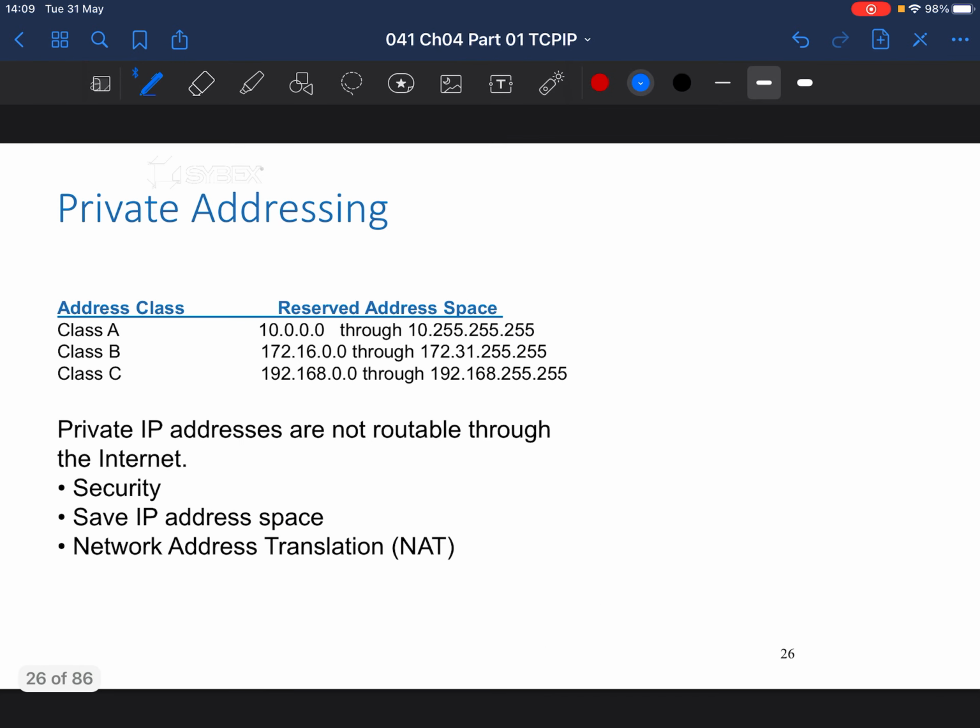Next, private addressing. Address classes are divided into class A, class B, and class C. So what is the difference? Class A reserves address space between 10.0.0.0 through 10.255.255.255.